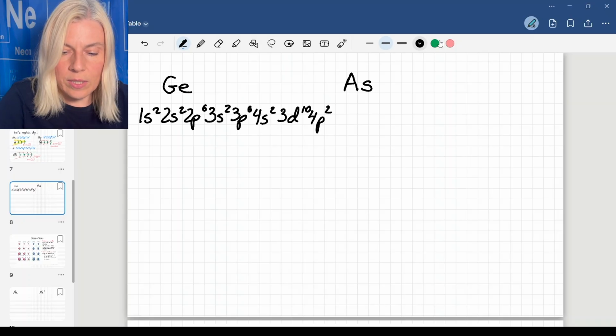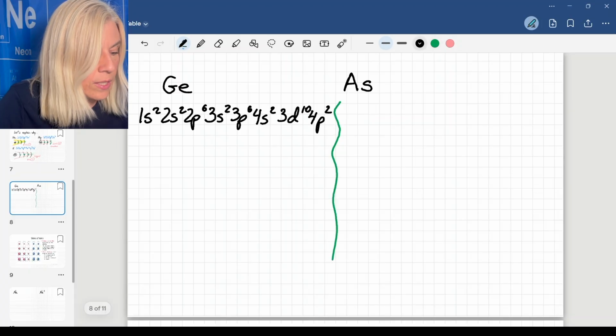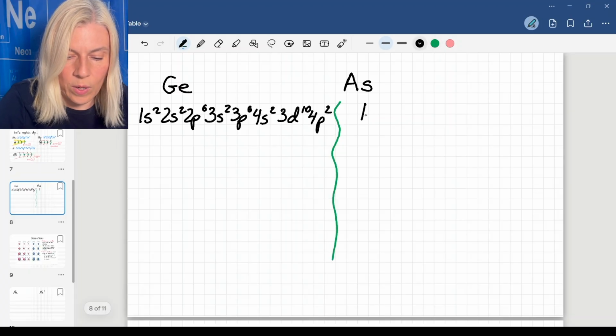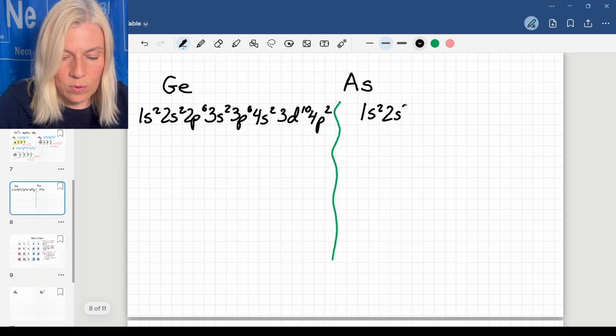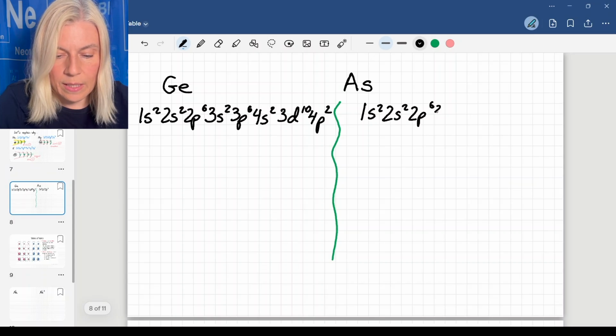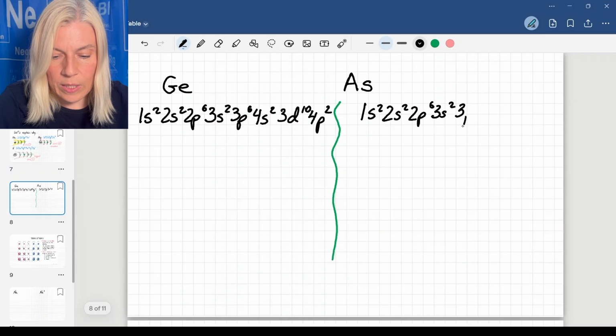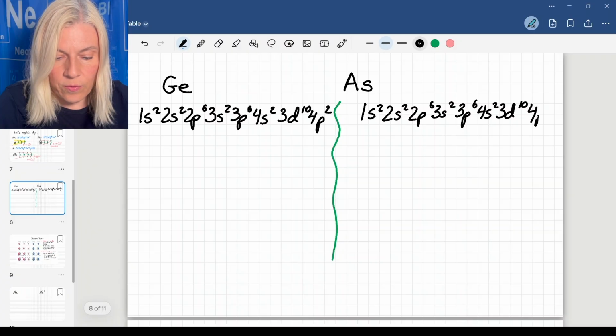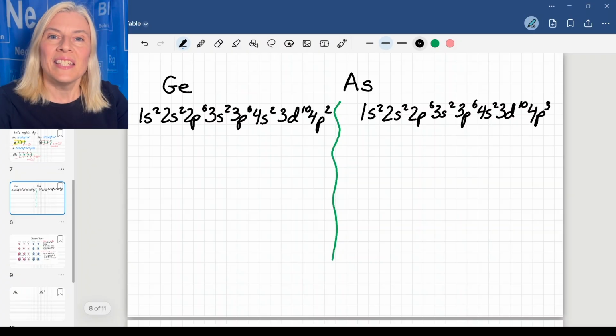Okay. Arsenic, let me just make sure we have a separation here. Arsenic is right next to it, so I have 1s2, 2s2, 2p6, 3s2, 3p6, 4s2, 3d10, and 4p3.